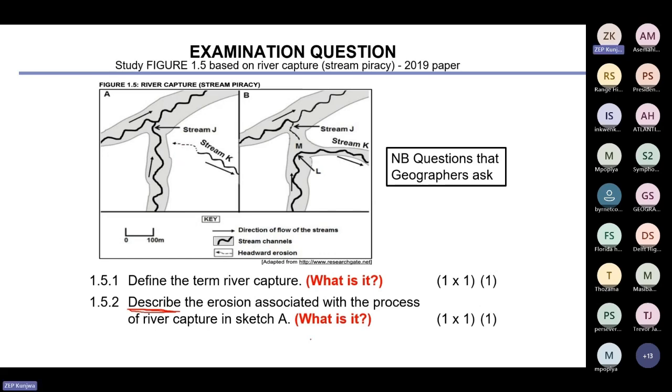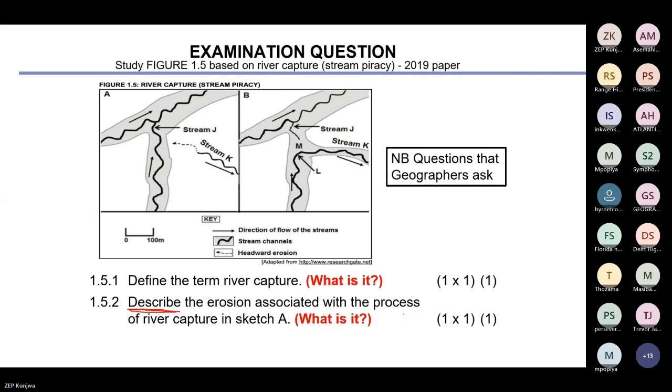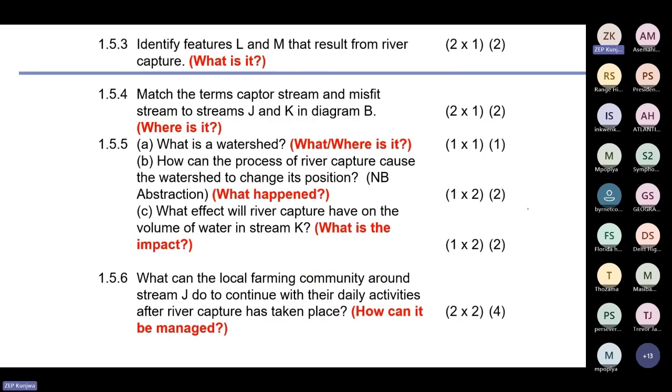And then, you said only 2, right? I said the first 3, Mr. Kunjwa. The first 3, okay. Now 1.3, identify the feature L. If we identify, it means you need to know what it is.